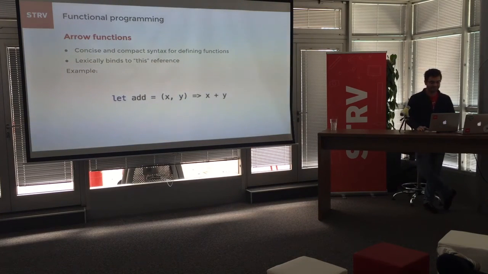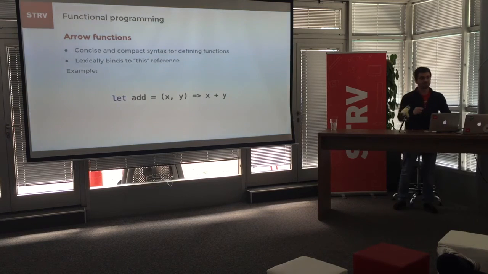And what it means is that when I'm using an arrow function, let's say I'm passing an arrow function within another function of a context of a class, of an object, let's say, I don't have to worry about the this reference because it will always point to the context in which I'm calling the arrow function.